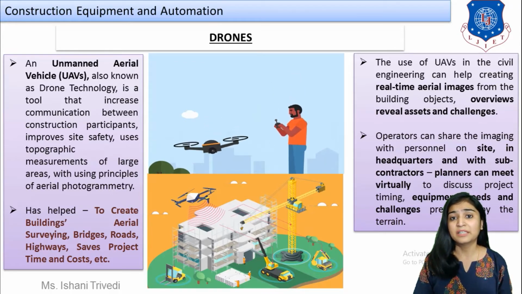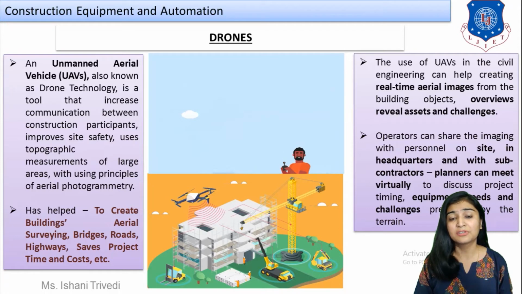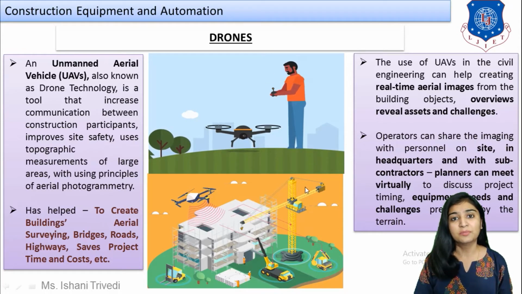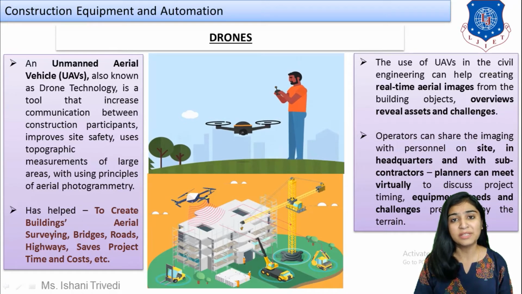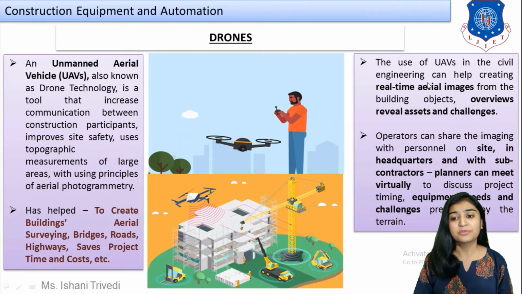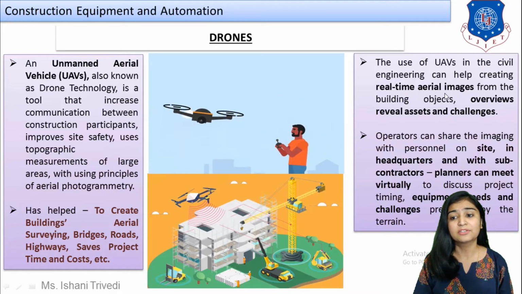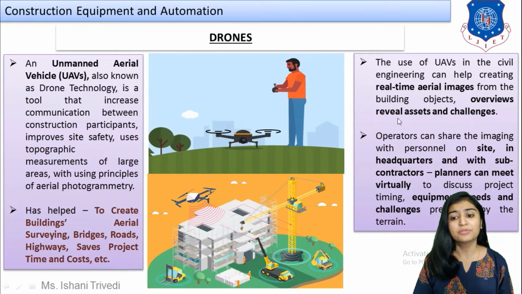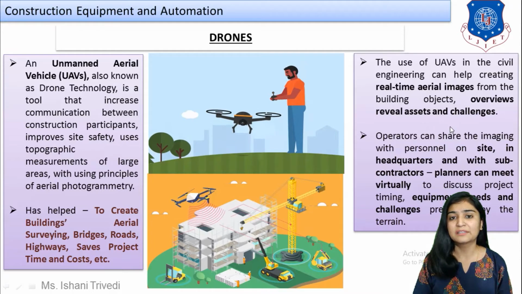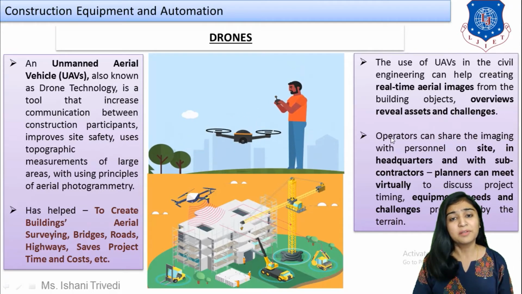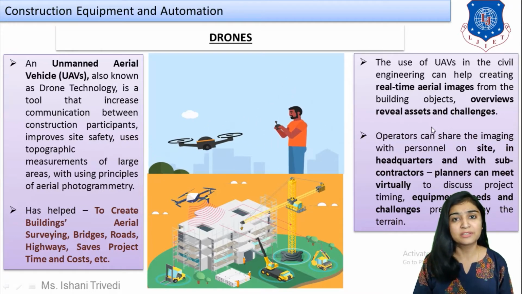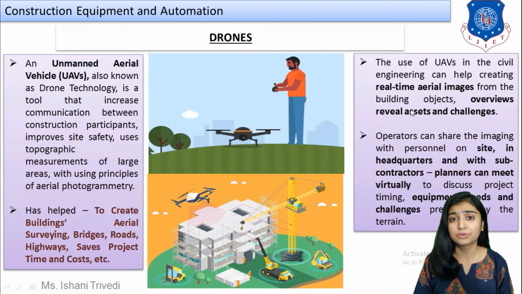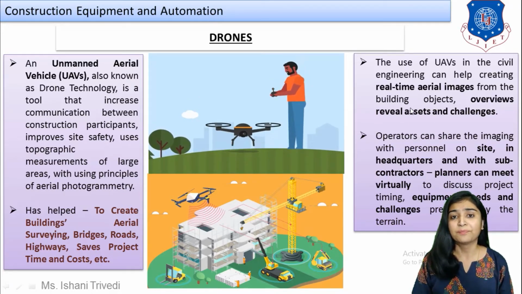But instead, here this technology is going to give you real-time, on-site data on your remote control, on your mounted GPS system, and you are going to get the real-time aerial images on the spot itself from the building objects, and the overviews reveal the assets and challenges, meaning it will be found out what the challenges present on the site itself. You will not have to process and go through a long process.